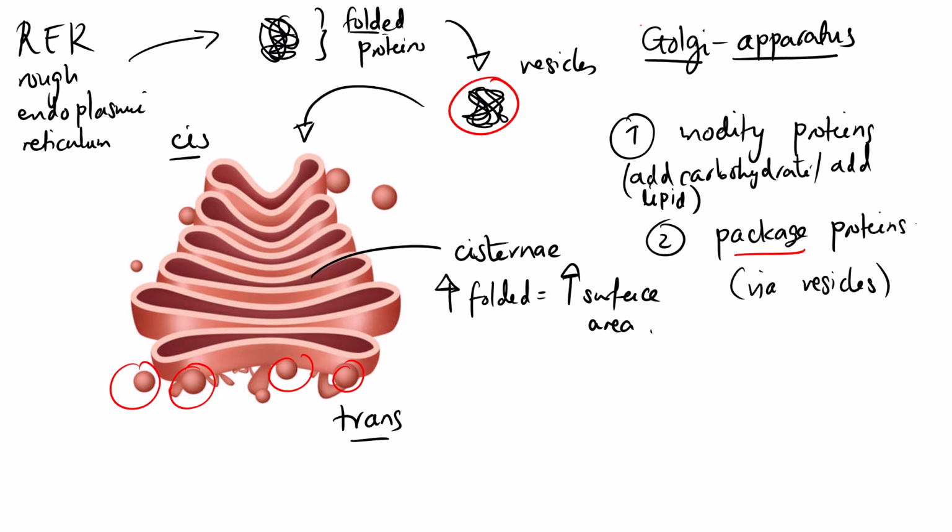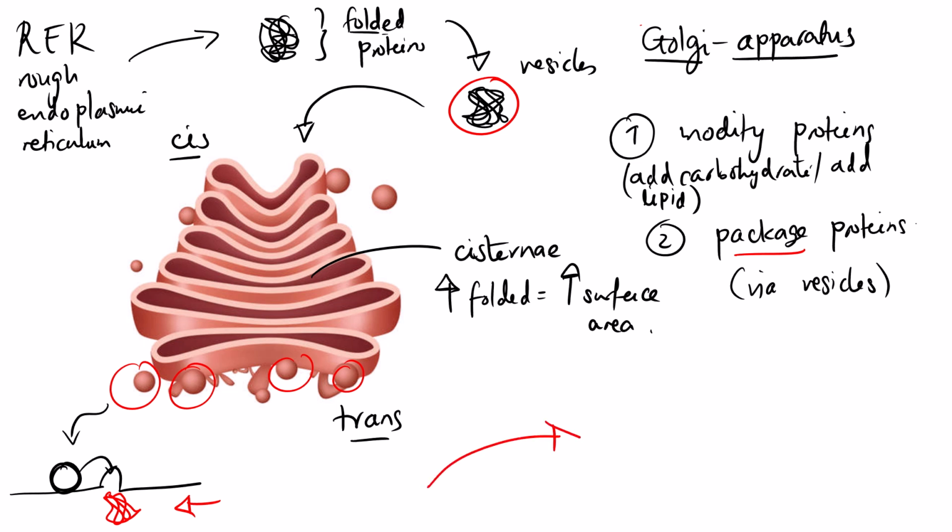Now, these vesicles, once they come out of the trans face, will go to the membrane, where the vesicle would fuse with the membrane, and in doing so, discharge all its contents. So this protein.